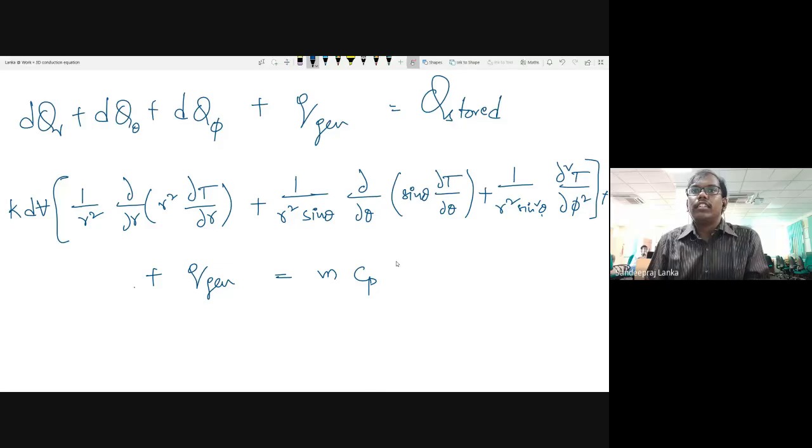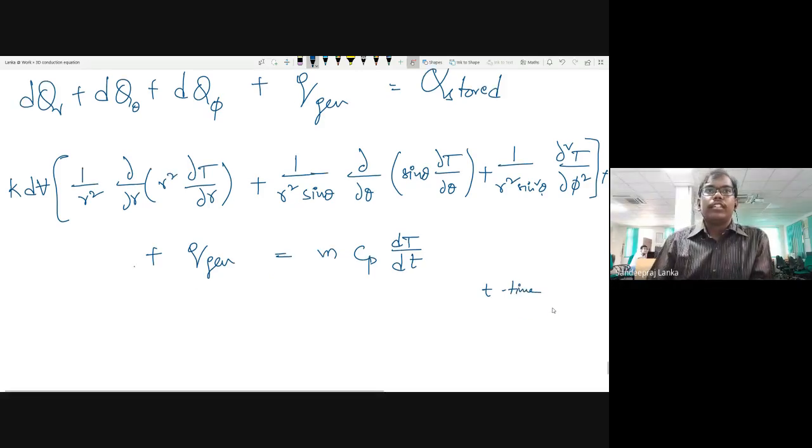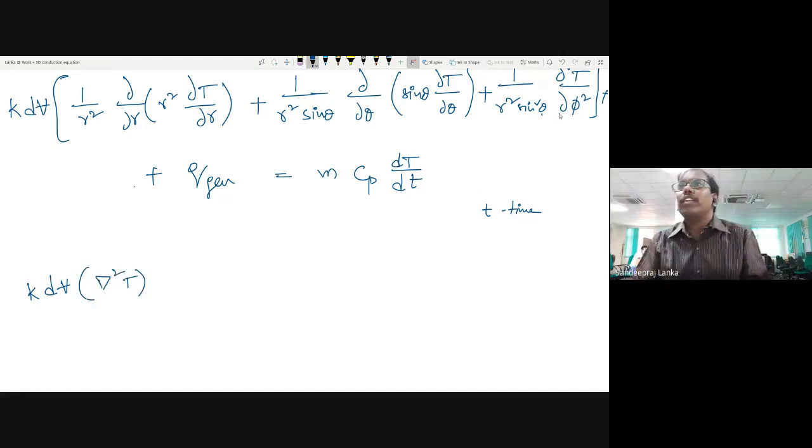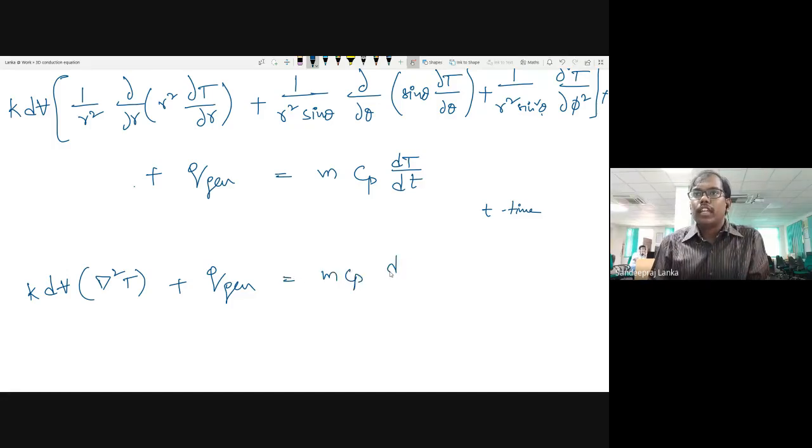It is dt by d small t, where small t is representing your time. So what I have here is k into dv into del square t. Del square t is this whole equation in your spherical coordinate system. I'm simplifying it into q gen equal to mcp dt by d small t.